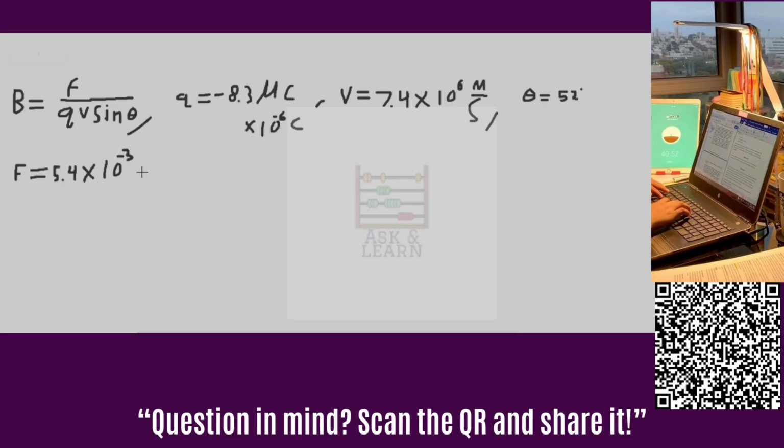And force, as usual, is in units of newtons. Okay.